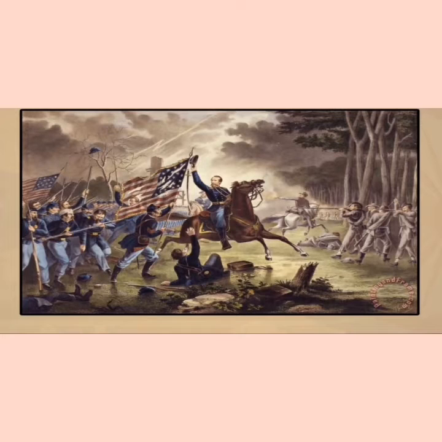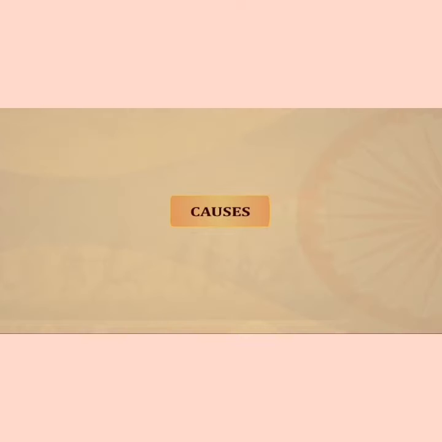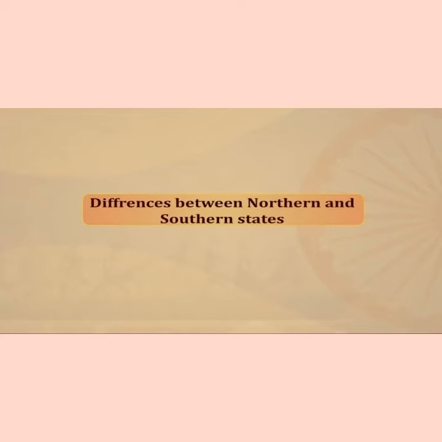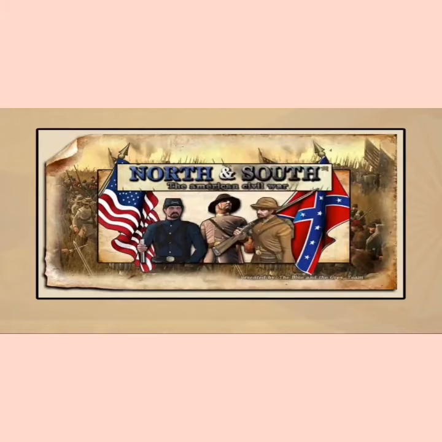A number of factors were responsible for the outbreak of the Civil War. The chief among them were the differences between the northern and southern states. The progress of the northern and southern states was different due to widely different economies. The northern states had a large number of manufacturing industries.